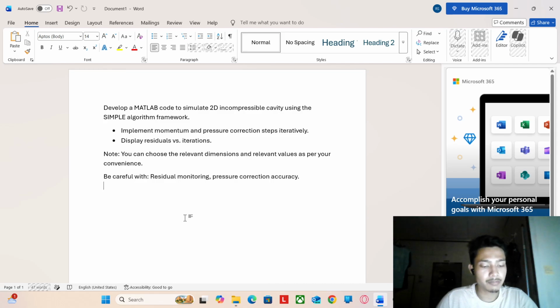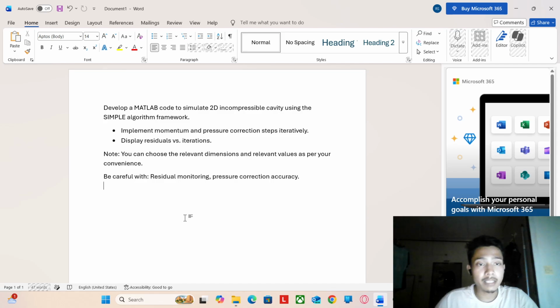And the y momentum equation is del v by del t plus u del v by del x plus v del v by del y equal to minus 1 by rho del p by del y plus nu bracket del square v by del x square plus del square v by del y square bracket close.